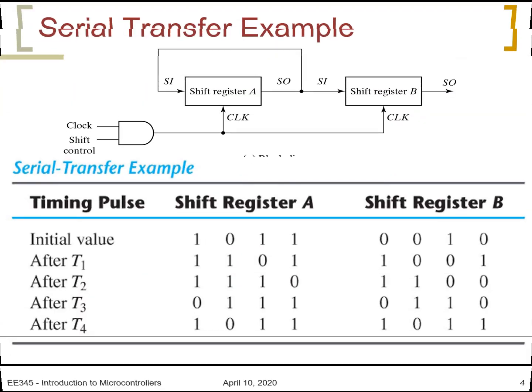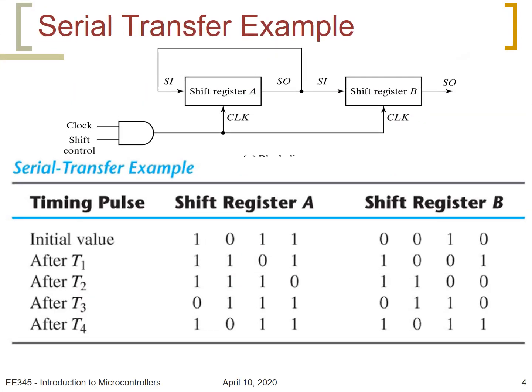Let us give an example. This is the same figure again, and we here assume that shift register A contains 1011 and shift register B contains 0010. So this here has 1011 and this has 0010. What happens after the first clock pulse?